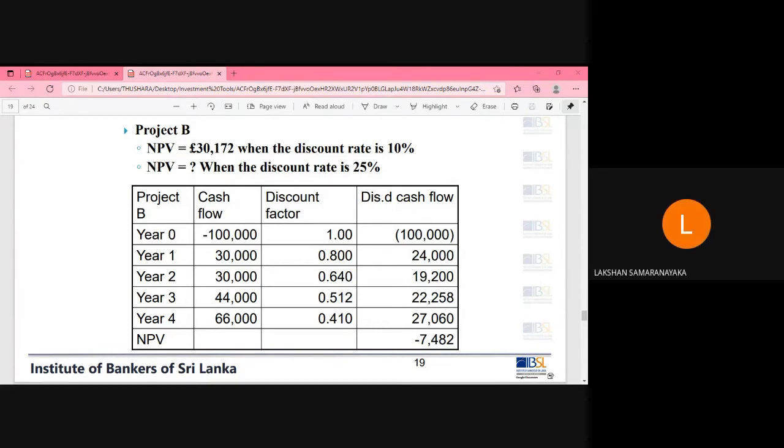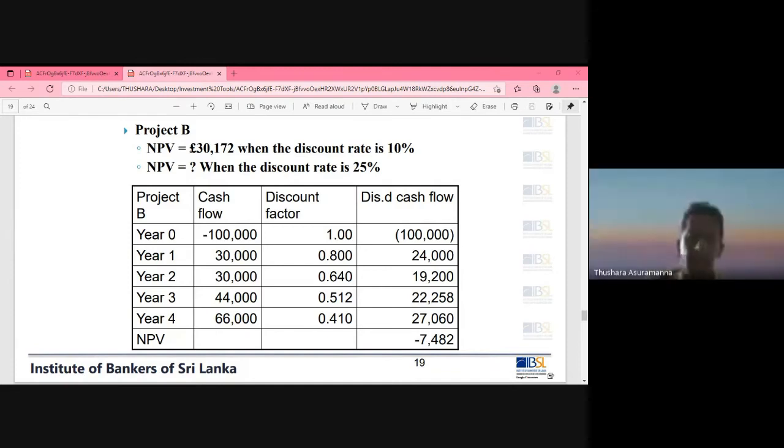So excuse me, can you repeat the equation? The equation: IRR is equal to R1, that's interest rate 1, plus NPV1 divided by NPV1 and NPV2, multiplied by R2 minus R1.